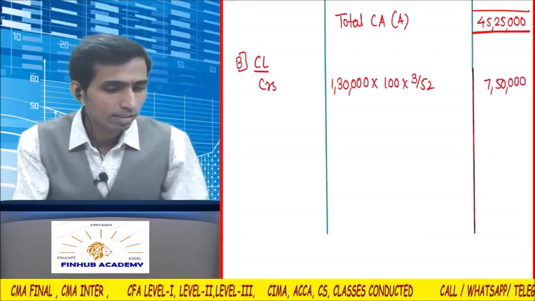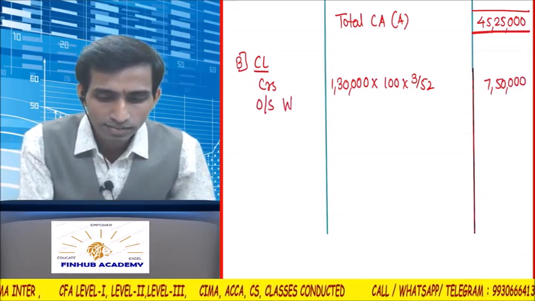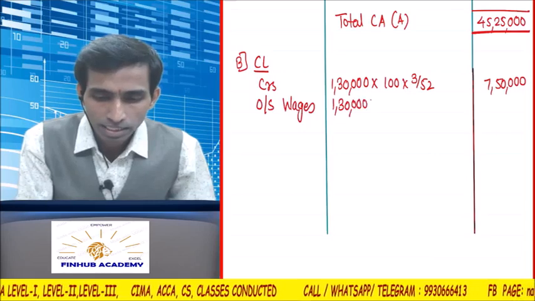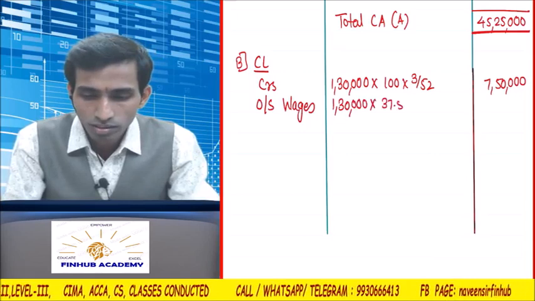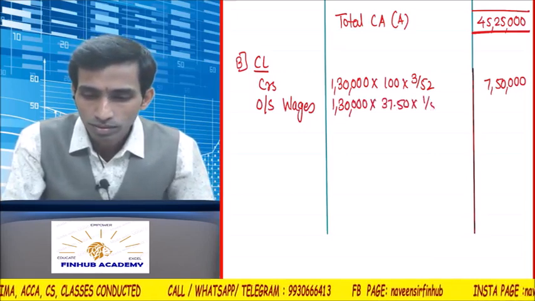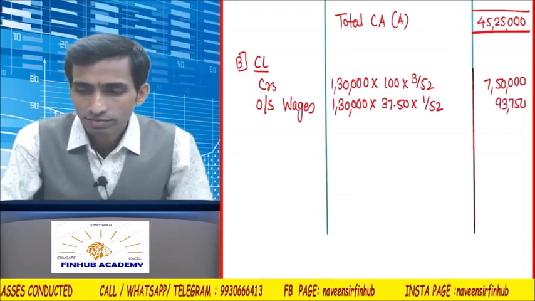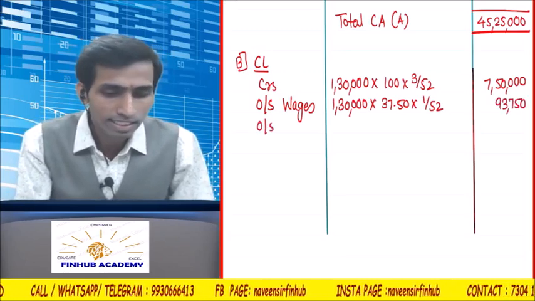Next. Outstanding wages: 1,30,000 multiplied by raw material 37.50 into 1 by 52. 93,750.